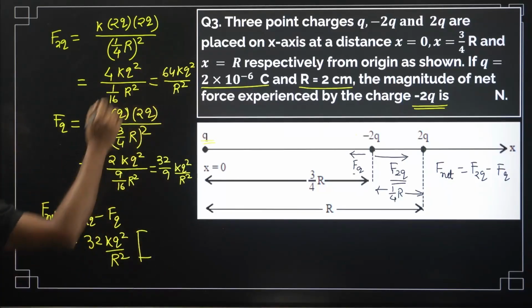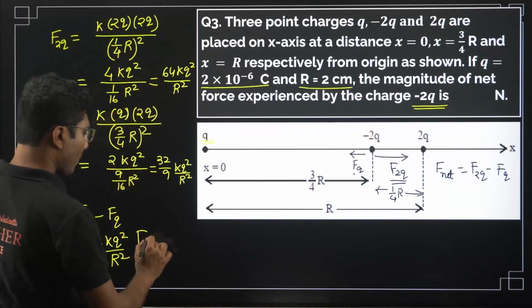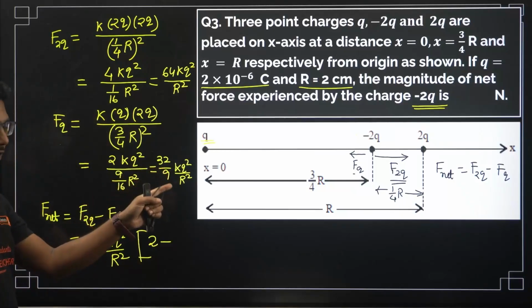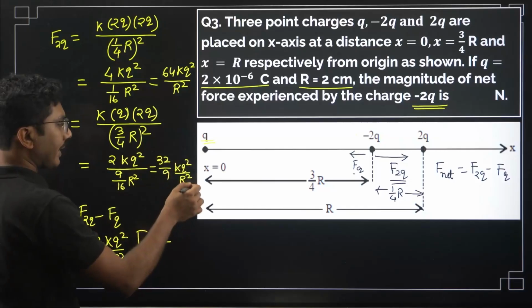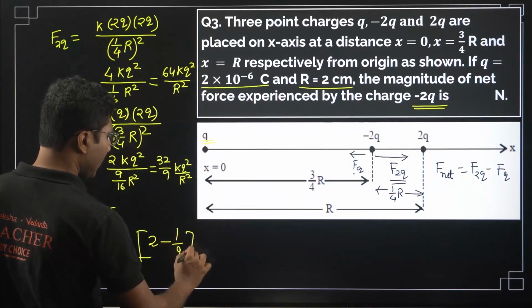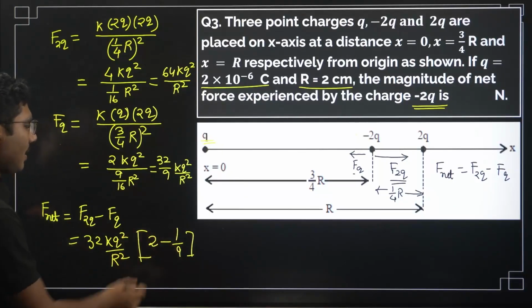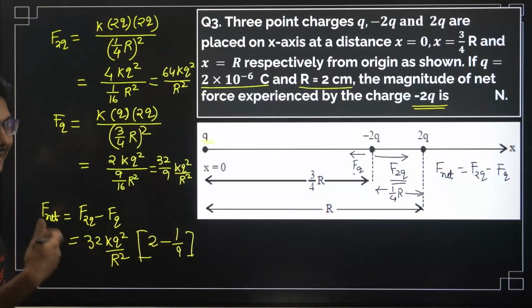If you take 32 common, what is left here? You are left with 2, minus, because this force is smaller and in the opposite direction, so it will be minus. 32 kq square by r square is taken common, so you are left with only 1 by 9. Now simplify 18 minus 1 by 9, that is 17 by 9.